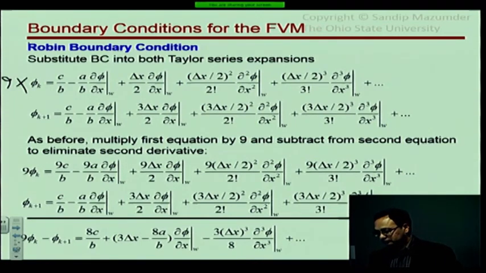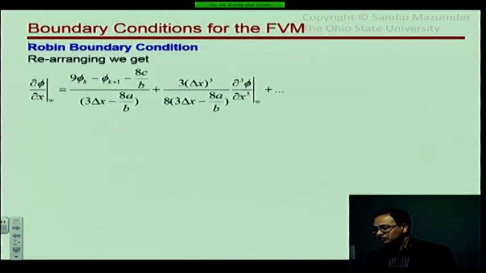Okay. And then you rearrange, and your d phi dx at the western face comes out to be that. Notice that it has the nodal value next to the boundary and then one even further away, and then all these constants that were there in the boundary condition. Okay. Now here it's a little bit tricky. You have a 3 delta x cubed divided by some quantity which has the units of delta x.